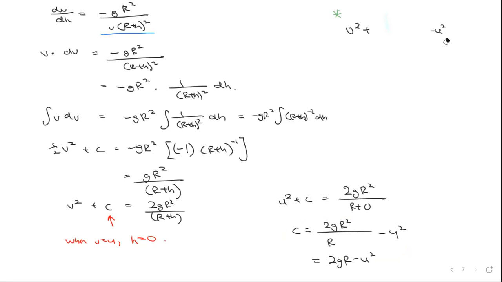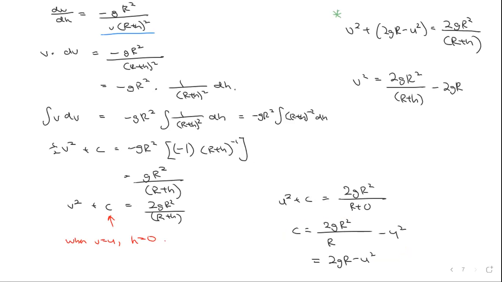All right. Well, that saves us a little bit of work. That means we've got v squared plus 2gr minus u squared equals the thing on the right-hand side, which is 2gr squared over r plus h. That means our v squared will equal 2gr squared over r plus h minus 2gr plus u squared. And then a bit of simplification will get us there.